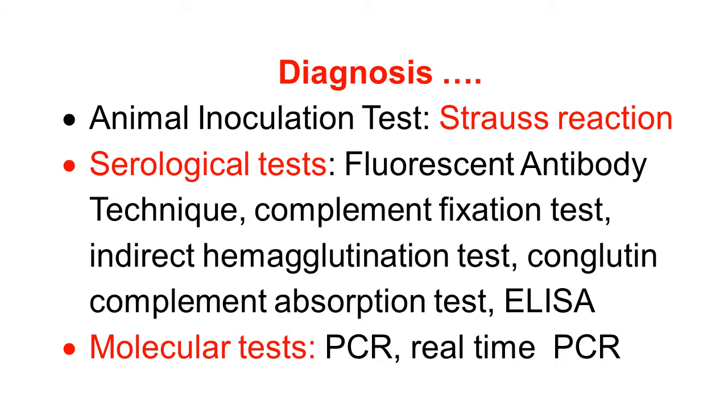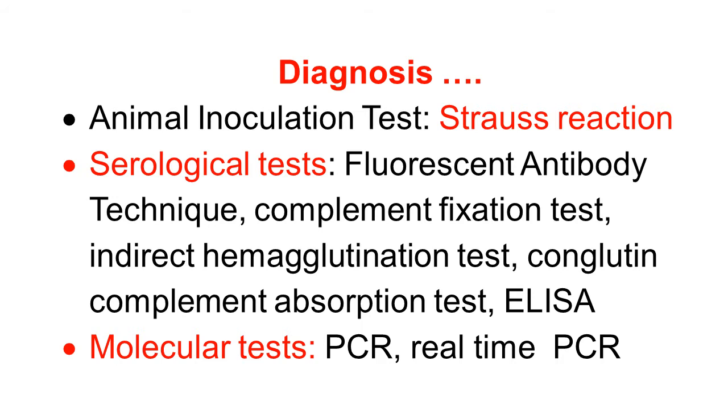Continuing with the diagnosis, there is the animal inoculation test, inoculation of the infective material into laboratory animals, and the demonstration of the Strauss reaction. We will see the details in a subsequent presentation. There are specific and more diagnostic serological tests: fluorescent antibody technique, complement fixation test, indirect hemagglutination test, conglutinin complement absorption test, and ELISA.